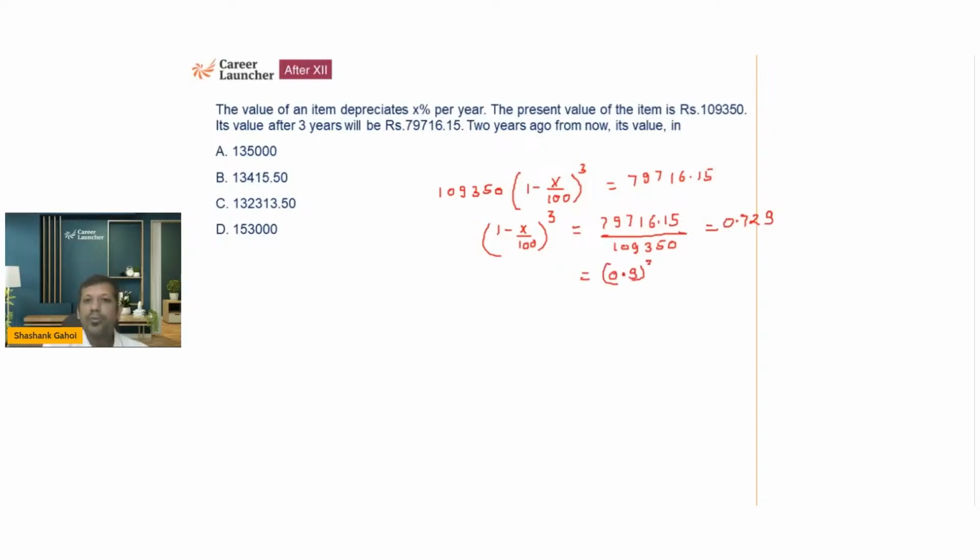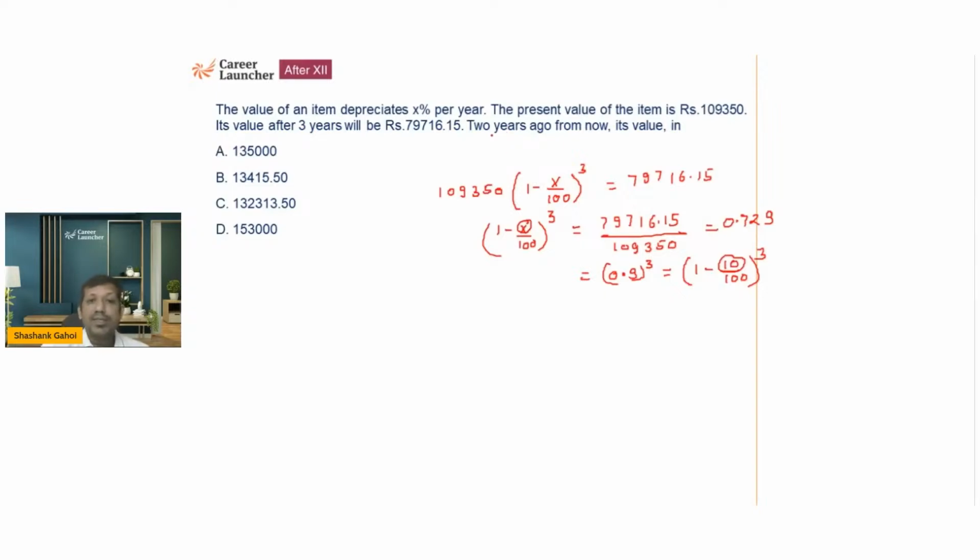How do you solve this very quickly? Use the calculator that is given in the exam. So you can write it as (1 minus 10 by 100) to the power 3, and from here you can directly get that X is equal to 10. So the value of X is going to be 10.